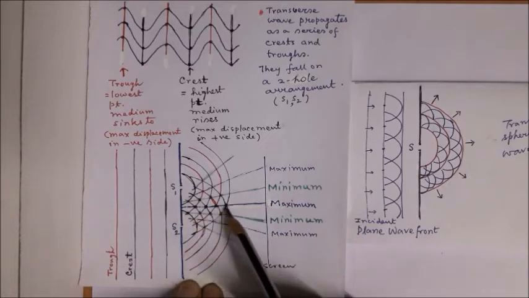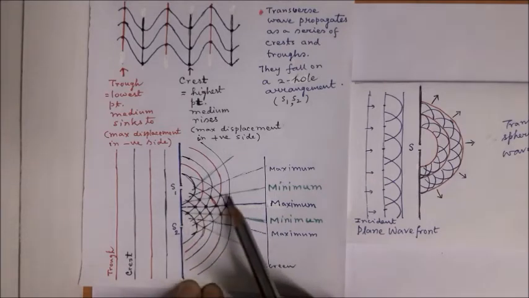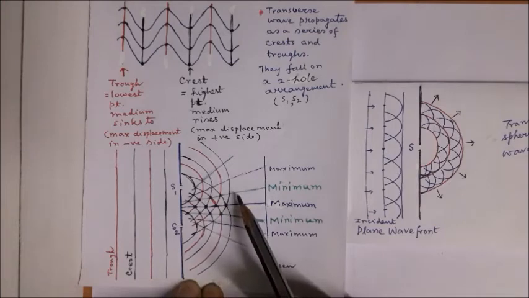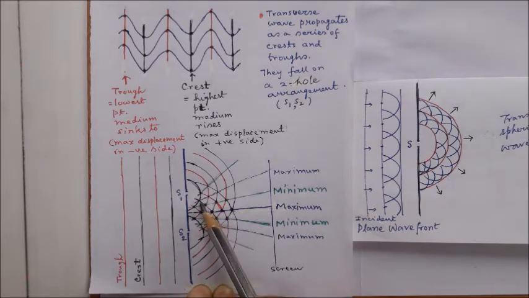So this line corresponds to maximum points. On the other hand, in this adjacent line, if studied minutely, we find that a trough of S1 meets a crest of S2. At this point, a crest of S1 meets a trough of S2, while here a trough of S1 meets a crest of S2, and so on.